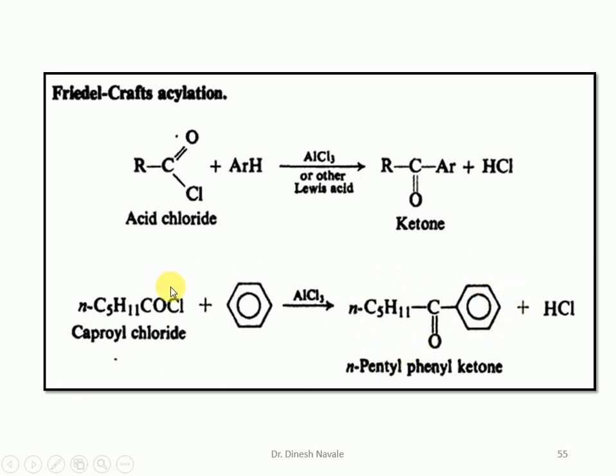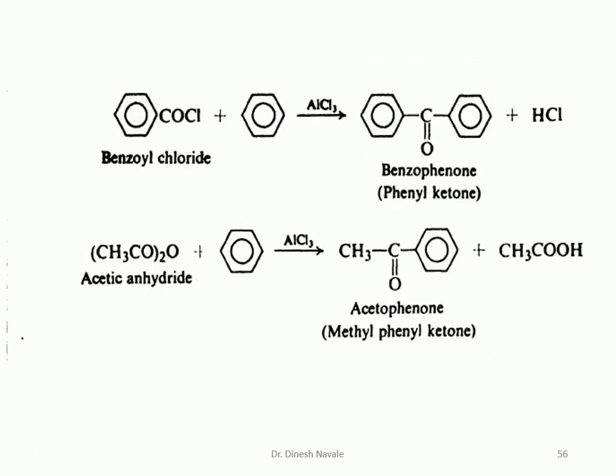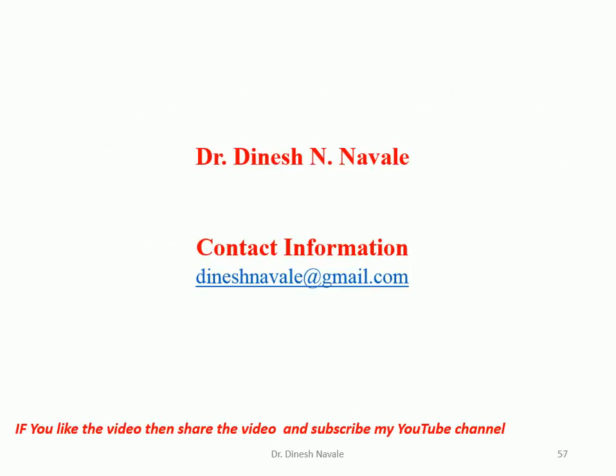So we can synthesize various ketones using the Friedel-Crafts acylation reaction by changing the corresponding acid halide. Benzoyl chloride on reaction with benzene will give benzophenone. If we utilize acetic anhydride, or an acid chloride like acetyl chloride, on reaction with benzene, we get acetophenone as the product. So these are some examples of the Friedel-Crafts acylation reaction.